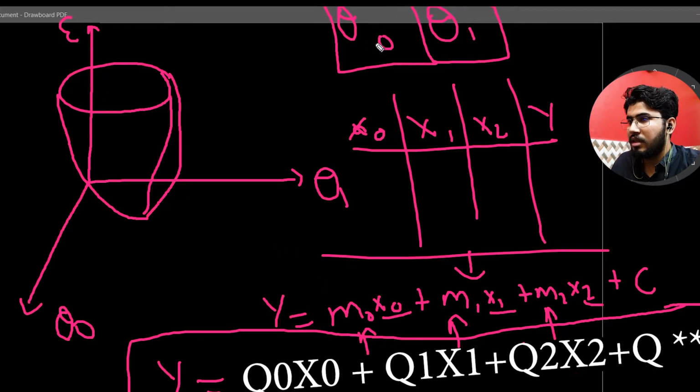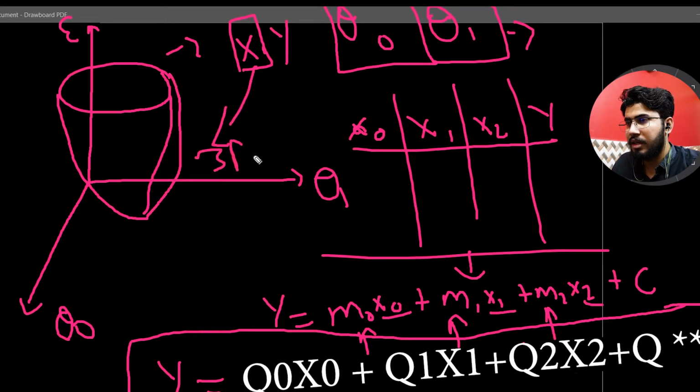As you can see, if we have only one input, because in this case we had only x and y, we could have a 3D figure for our gradient descent to work.